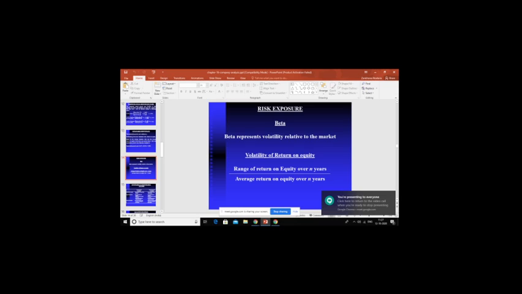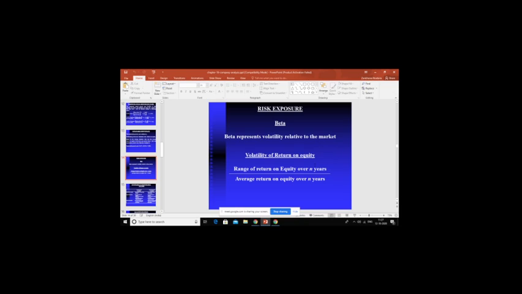Okay, so what is beta? Beta represents volatility relative to the market. Through whatever I have explained, you must have understood how you can calculate it. Like we calculated standard deviation, the same way in an Excel sheet you can find the formula of beta, and you can take historical data of a particular company and historical data of Sensex or Nifty, and applying the formula of beta on these two different columns of data, you can find out beta in Excel.